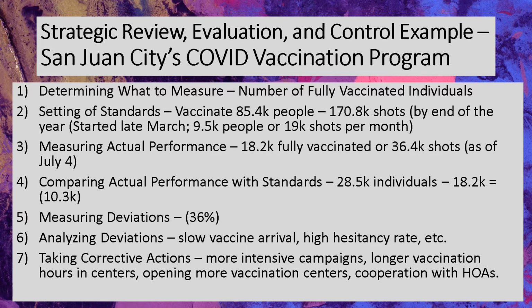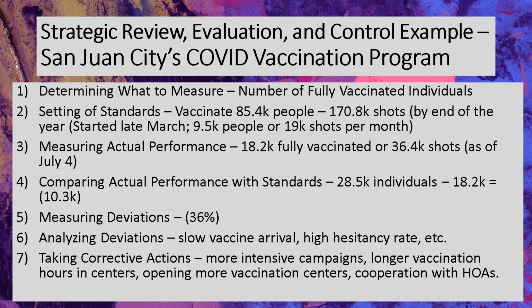As of July 4 this year, the city has recorded 18,200 fully vaccinated individuals, equivalent to 36,400 shots, for a period of 3 months. If we compute the standard for 3 months, that will result in 28,500 fully vaccinated individuals. This number, compared to the actual performance, yielded a 10,300 or 36% lag behind the standard.